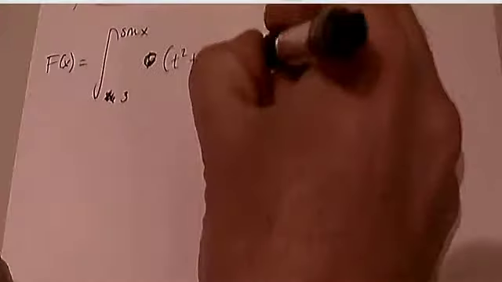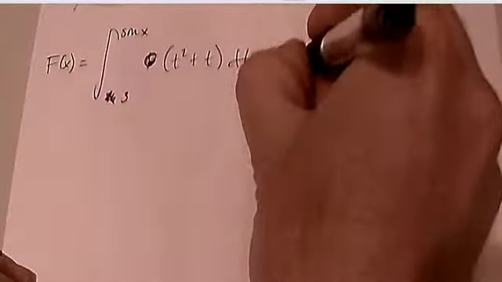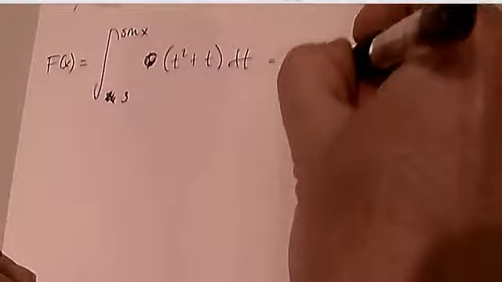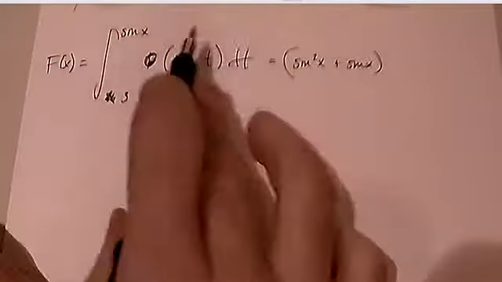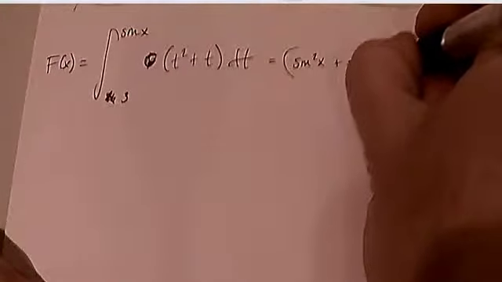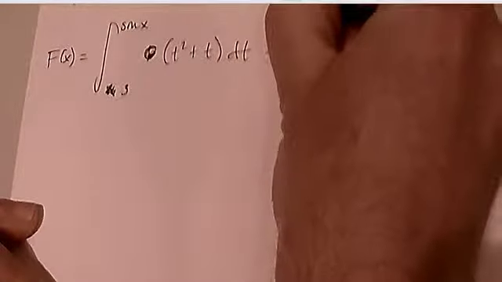Well, 3 to sine x, I know that sine x is going to go in here, and I'm going to get sine squared x plus sine x. That's my f of u of x. And then I have to take the derivative of that times cosine x. That becomes that. That's f prime of x.